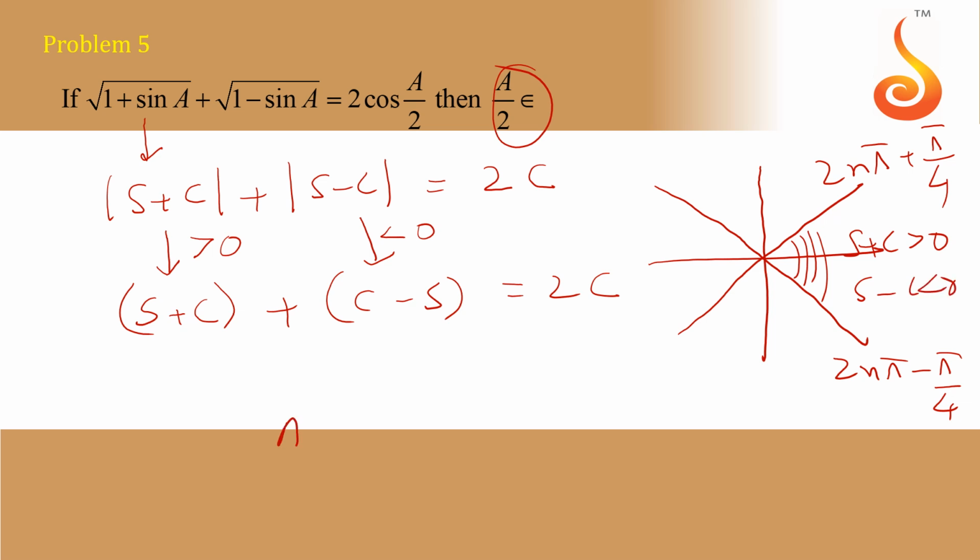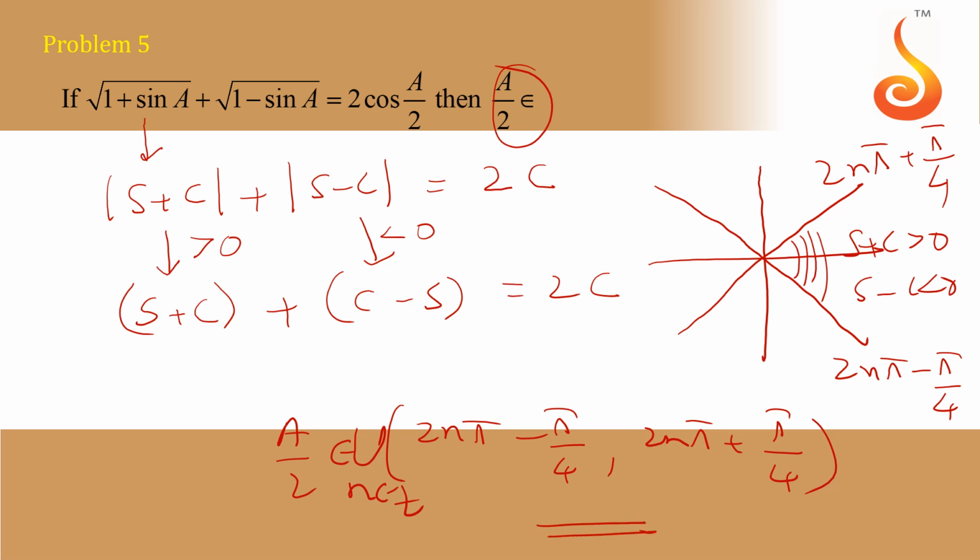So your a by 2 belongs to that region 4, 2n pi minus pi by 4 to 2n pi plus pi by 4, n belongs to the set of integers.